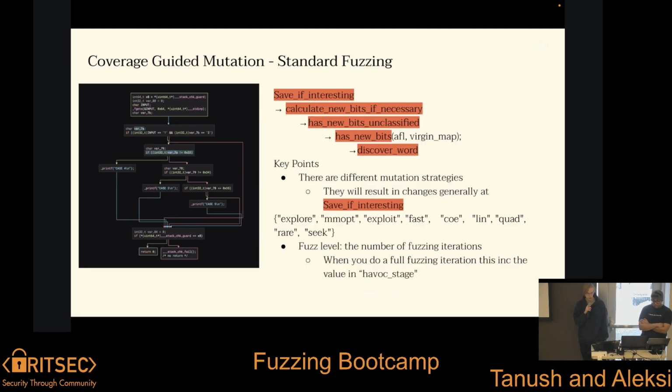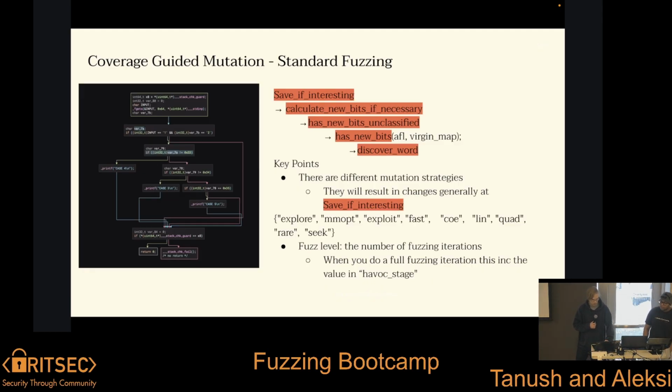So discover word will look for interesting byte sequences in the interesting input, and if it finds a potential word, or a sequence of bytes that's like a single unit, it will save it to a dynamic dictionary from which future mutations can splice these discovered words into other inputs to hopefully alleviate the problem in the future.